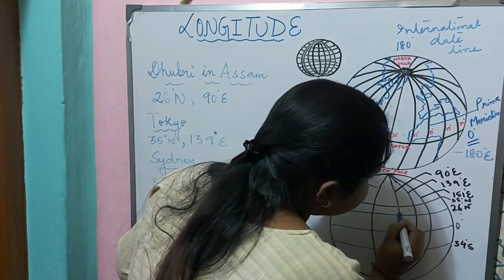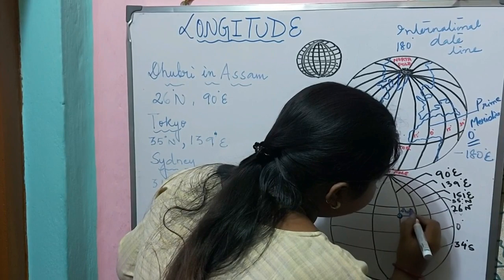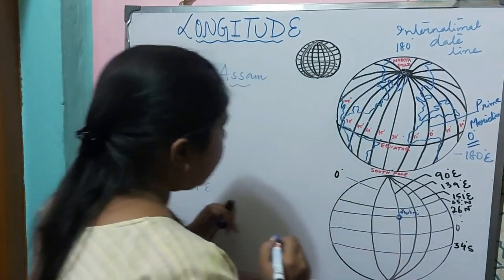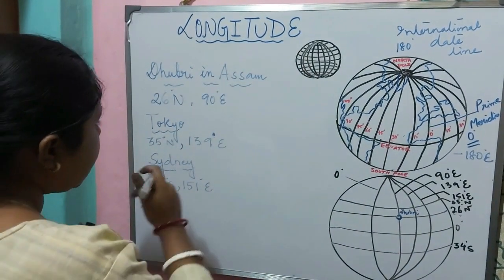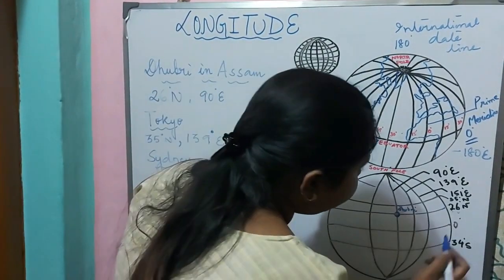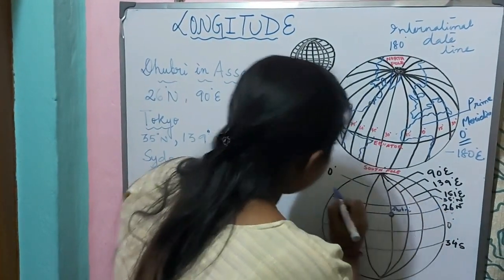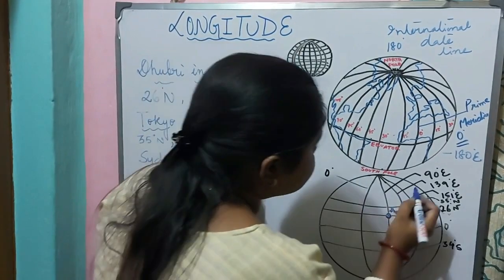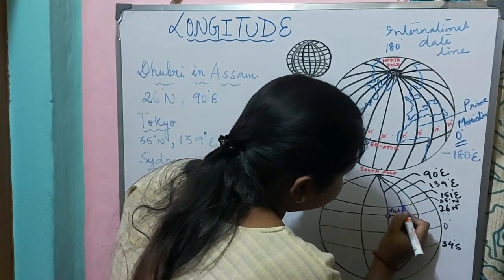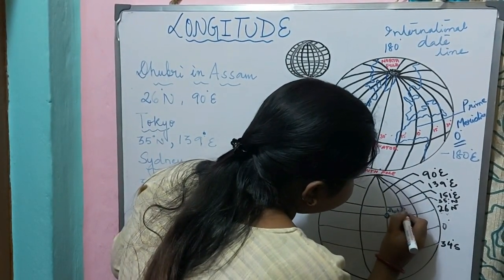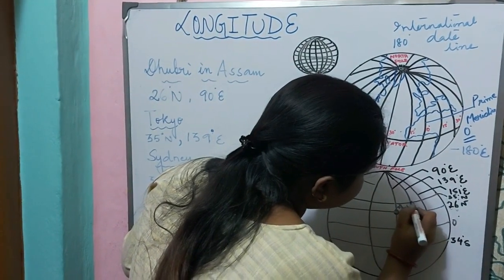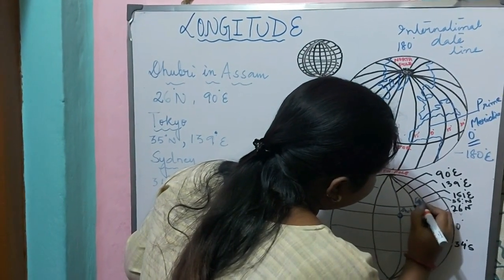This is the exact location of Dhubri. Next comes Tokyo. Tokyo is 35° north and 139° east. This is the reference point. So, this is the exact location of Tokyo.